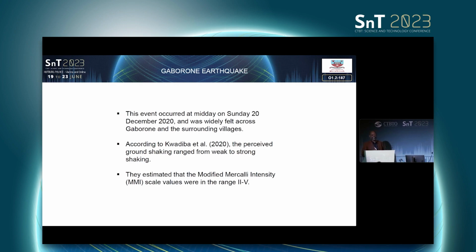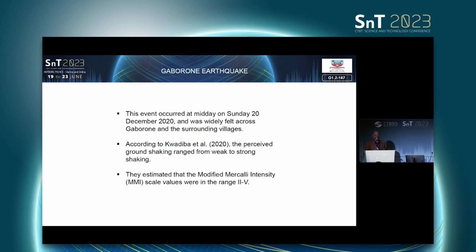So this Gaborone earthquake occurred at midday on Sunday, 20th December 2020, and was widely felt across Gaborone and the surrounding areas of villages. According to Kwadiba et al., the perceived ground shaking ranged from weak to strong shaking.